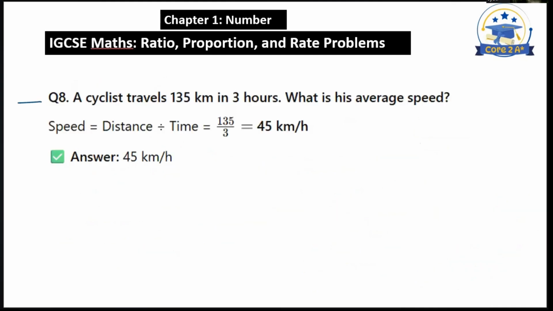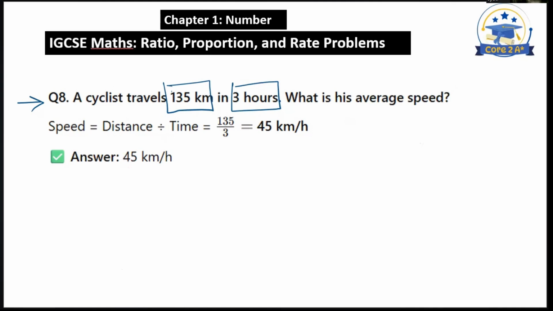Another problem also. What type of question is this? Ratio, proportion, or rate? Here we have two different units. One is in kilometers, the second one is in hours. So yes, this is a rate problem. So what is the question?